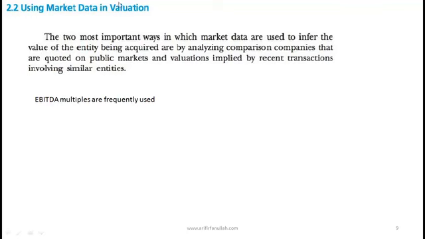Now here again, using market data in valuation, this is material straight out of private company valuation that you saw in equity. I'll read this and it should look very familiar. The two most important ways in which market data are used to infer the value of an entity being acquired are by analyzing comparison companies that are quoted on public markets, the guideline public company method, hopefully that sounds familiar, and valuation implied by recent transactions involving similar entities.